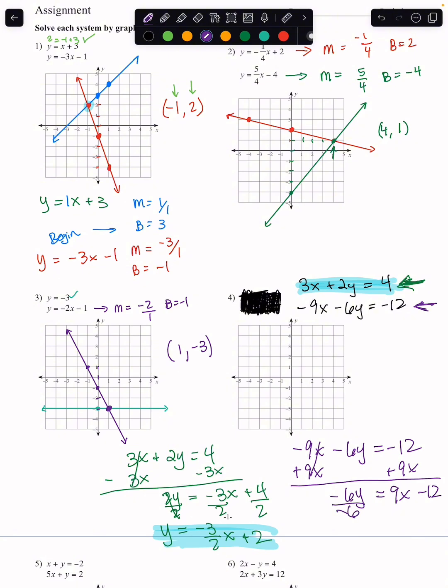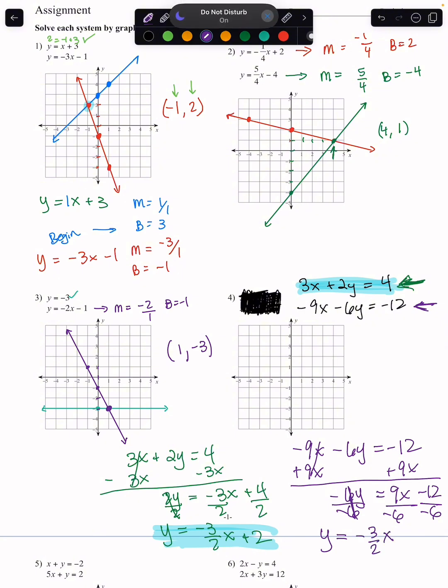Okay. Now, I'm left with y equals, okay, so -9/6, or -9/6 reduces to what? -3/2 x, and then -12 divided by -6 is a +2.